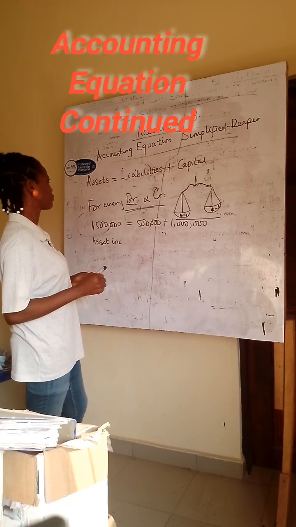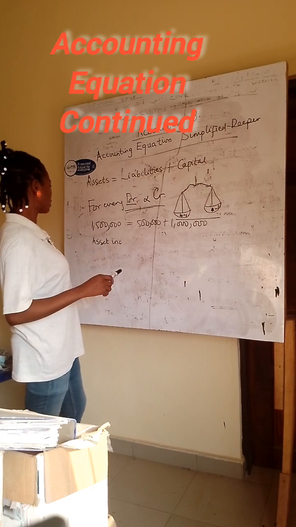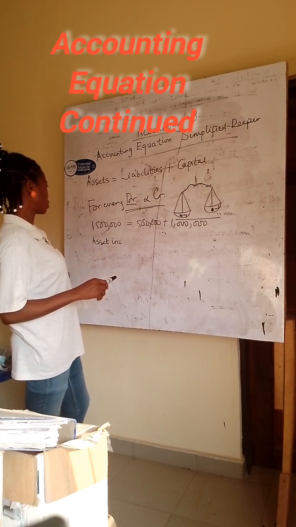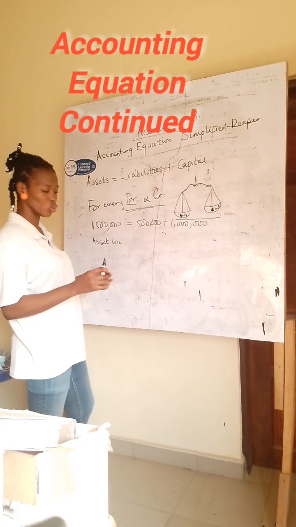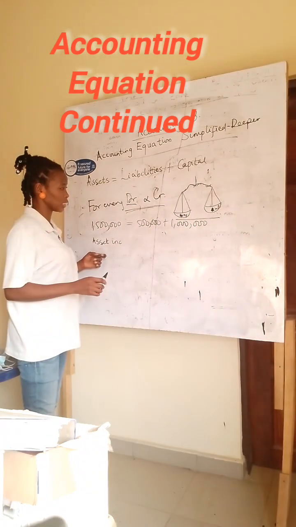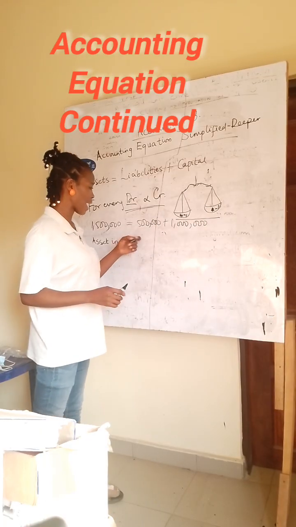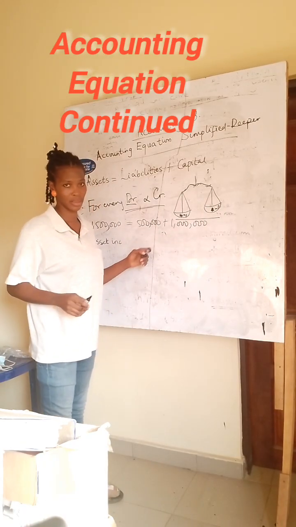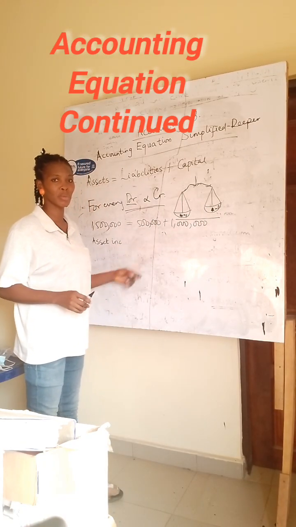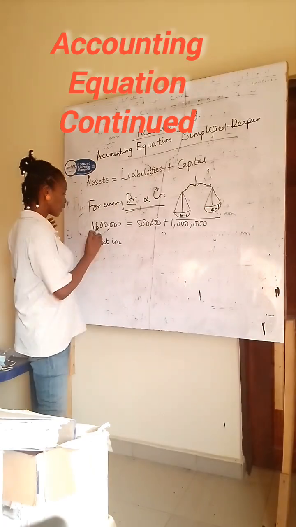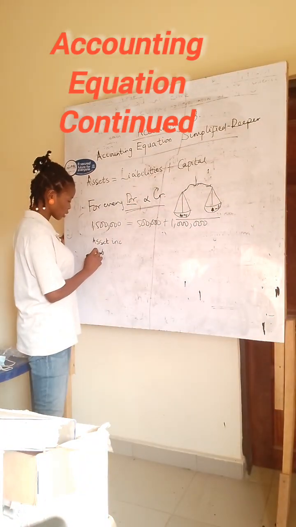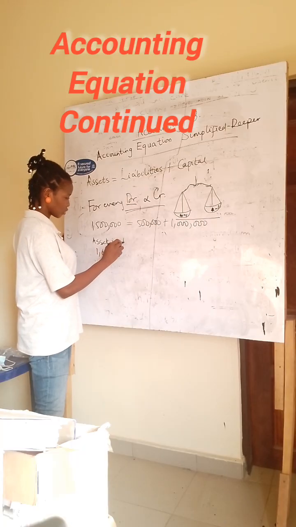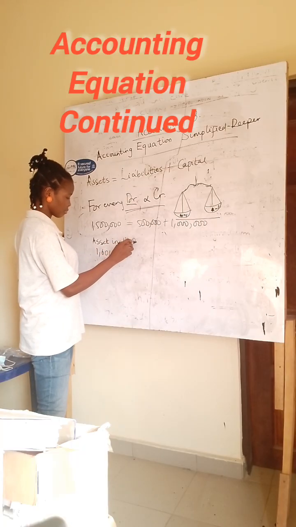Whenever your asset increases, it means that either of these will increase. One of them must increase, because it must always balance. So let's say instead of having 1,500,000 assets, you now have 1,600,000. That's an increase of 100,000, right?